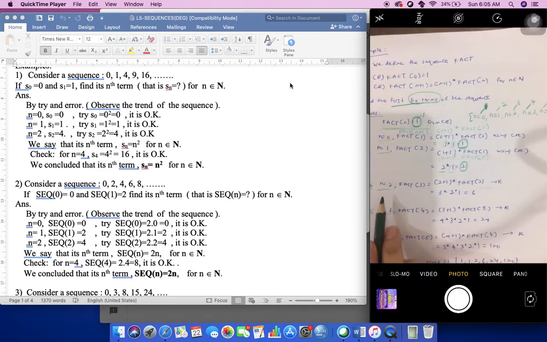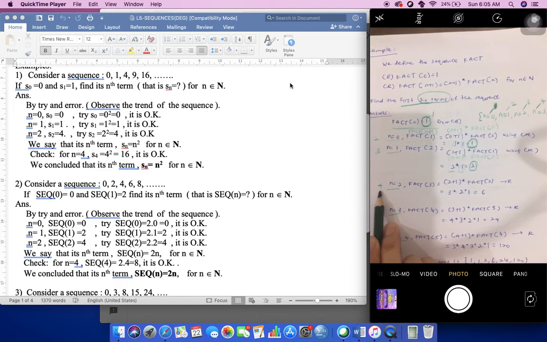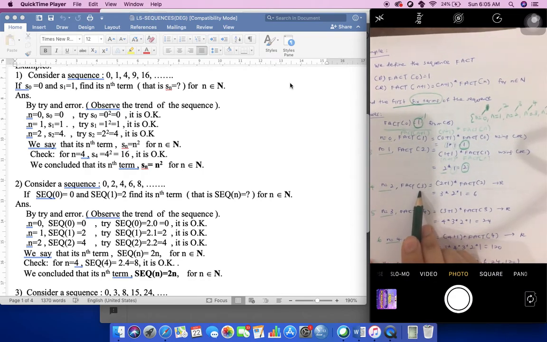Next, the fourth term, n equal to 2, factorial 3. n plus 1, n here is 2, and factorial n, 2 also here.